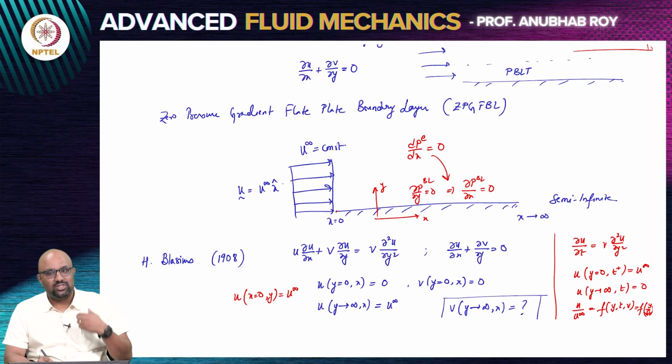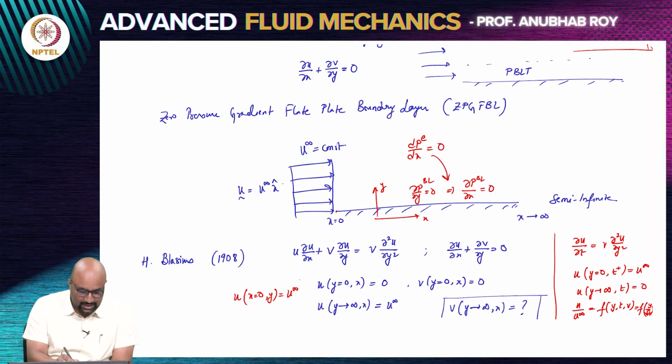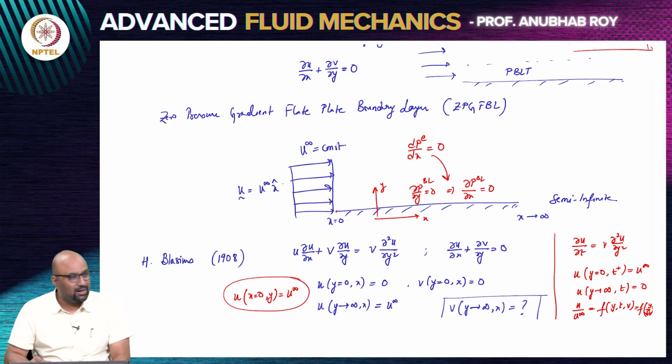Is there a downstream memory of the inlet? Like, where was the x equals 0 point? Now this is a tricky question because you have a problem here where there is an inlet boundary condition and you are asking how far down in x should I go, after which I don't really have any memory of what was my inlet. This inlet condition kind of becomes unimportant.